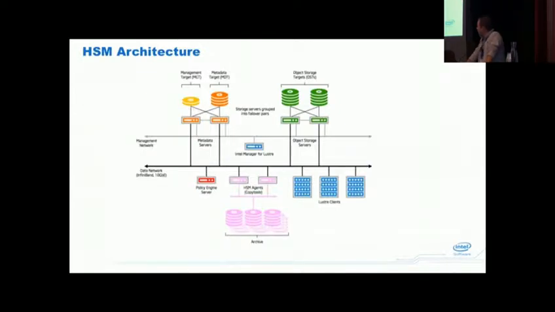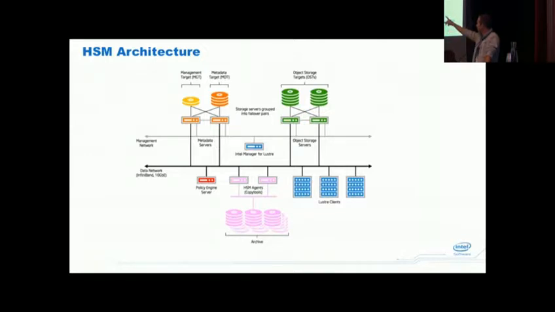So HSM, what is it? Well, it's hierarchical storage management. So we can use tapes or big disks to add a second storage tier to a Lustre file system. There's a few parts to an HSM. You have the archive, which are the purple tapes there at the bottom.